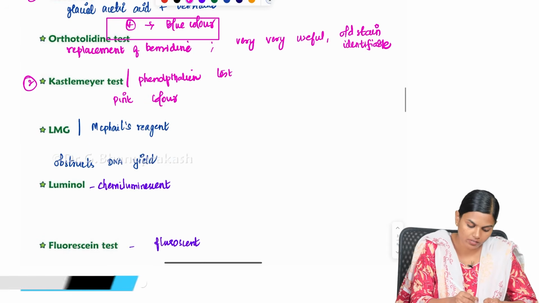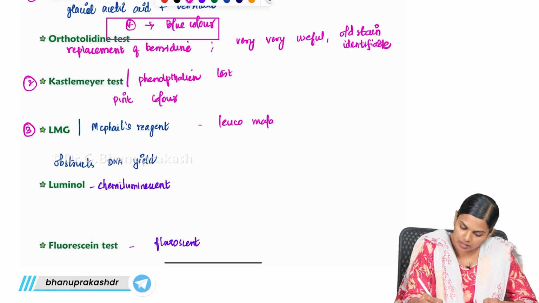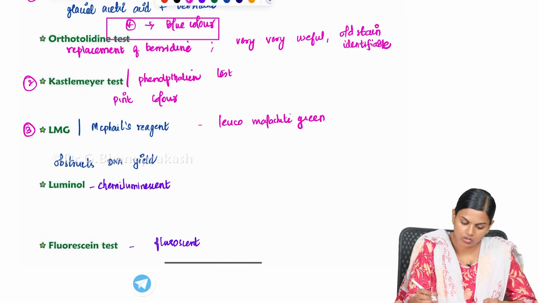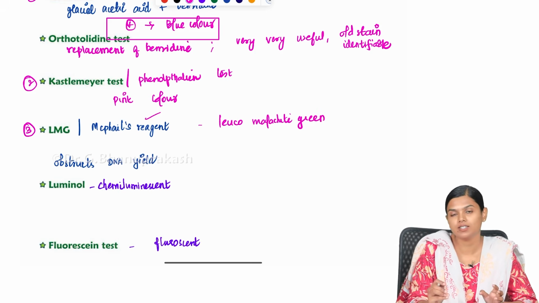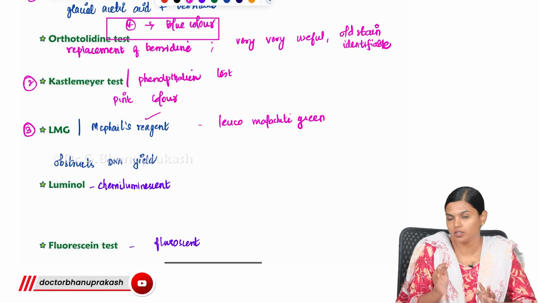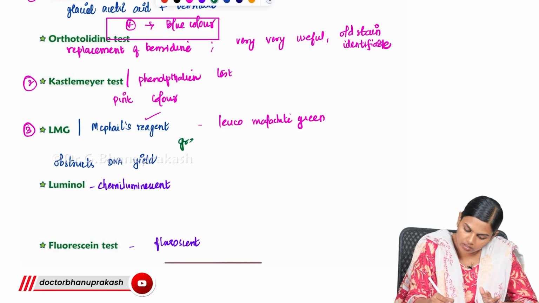Next, what we have is leucomalachite green. So, here what will happen is that you will use something known as McPhail's reagent, and this McPhail's reagent, if it detects blood, it will become green in color.